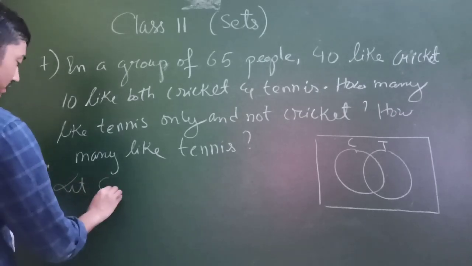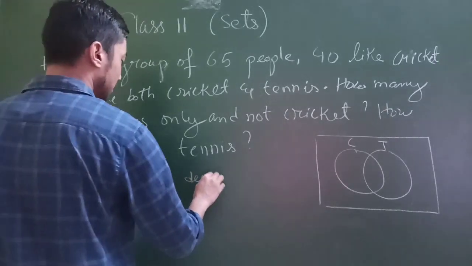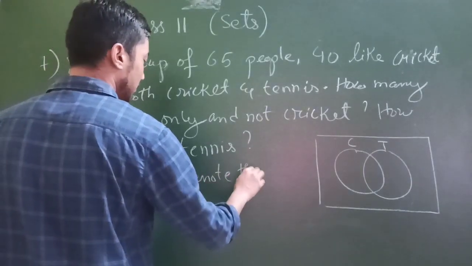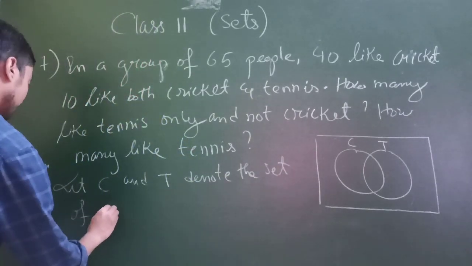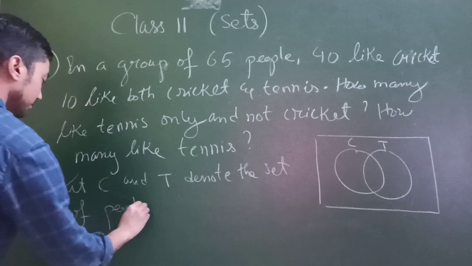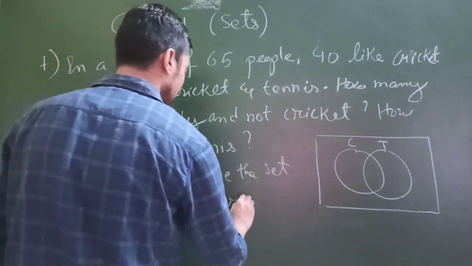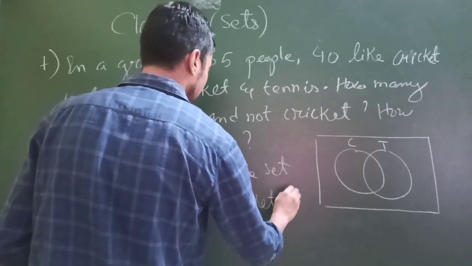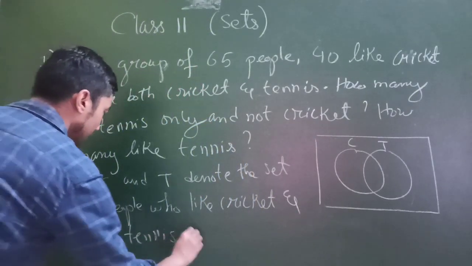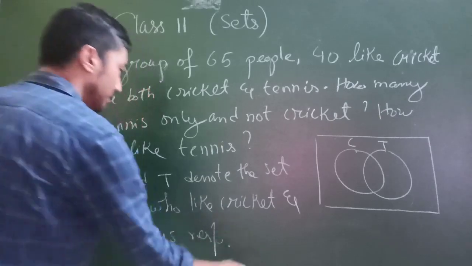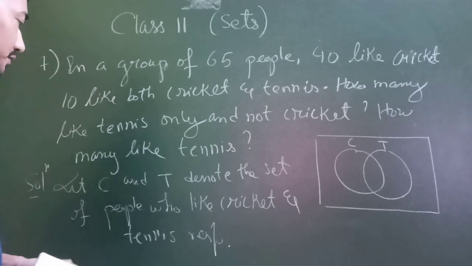Let C and D denote the set of people who like cricket and tennis respectively. Okay?